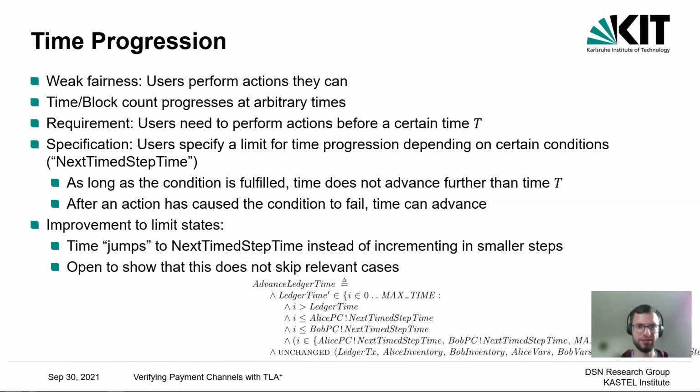And because the order that actions can happen in can still be in any order, we think that this does not skip any relevant cases for the security property, but we haven't shown that yet with a proof that shows that all executions that are skipped are equivalent to an execution that is actually specified by our specification.